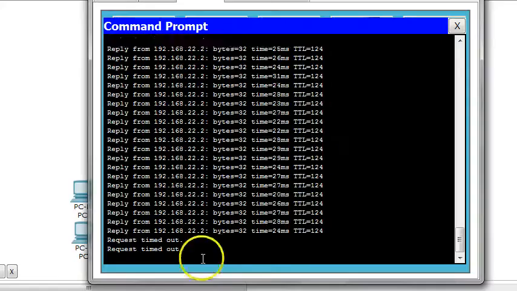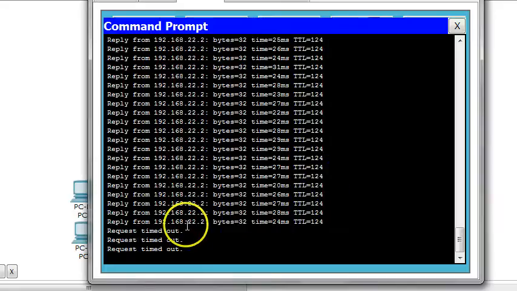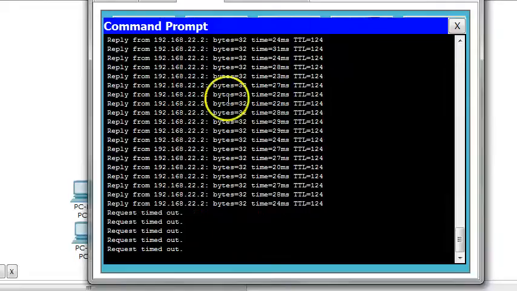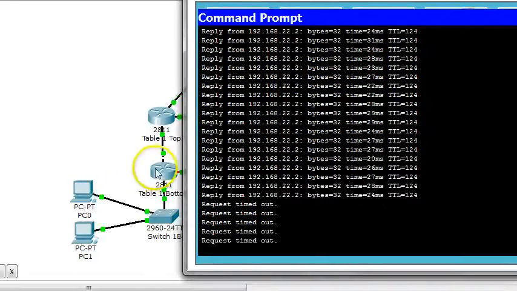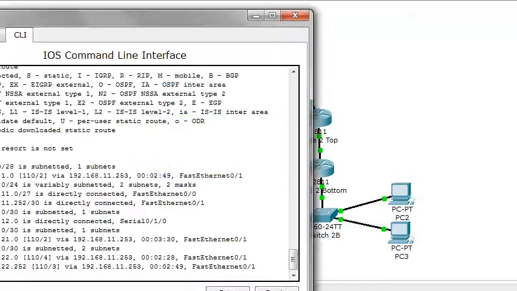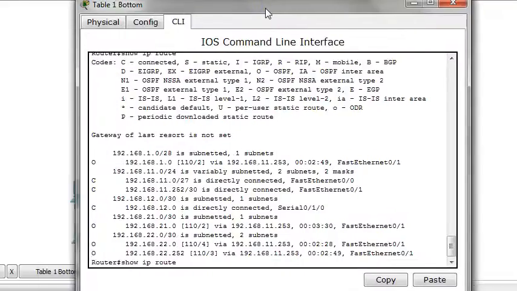Where's my ping? All right, so we dropped a few pings so far. It's been about 15 seconds. Look at our routing table. See if it has anything interesting in it.